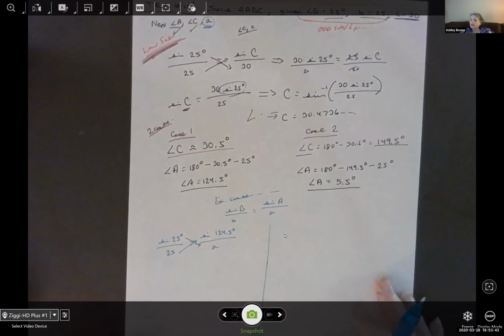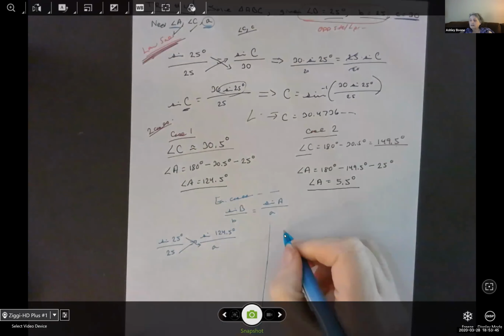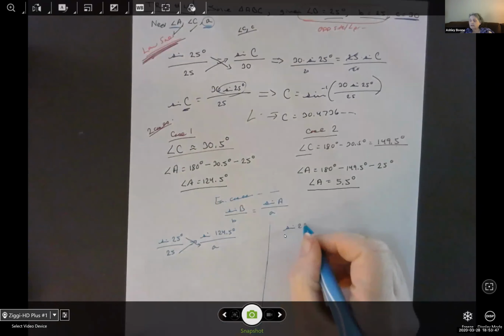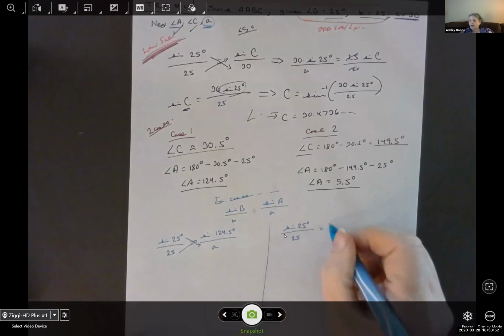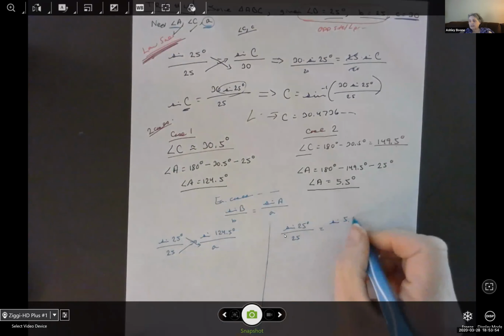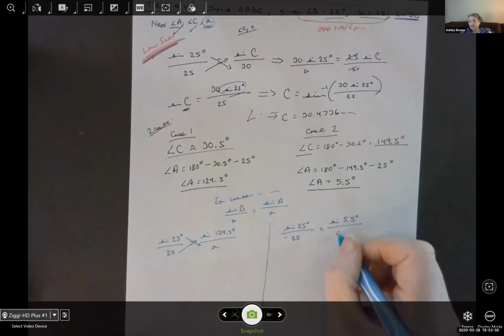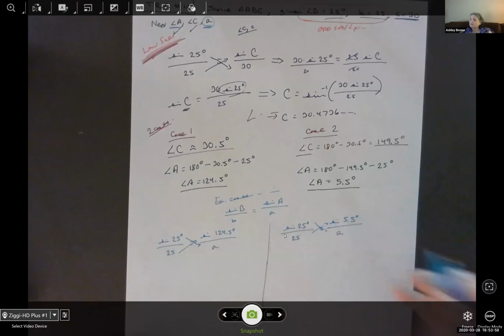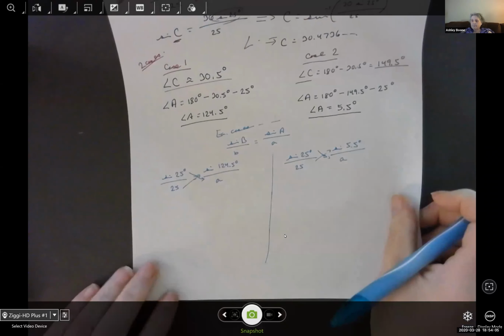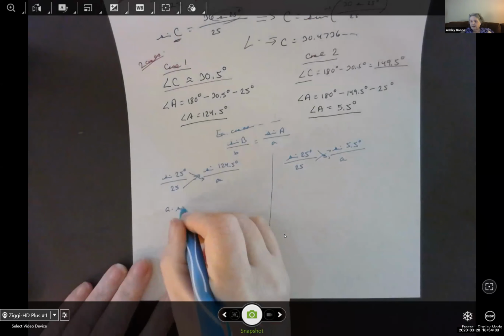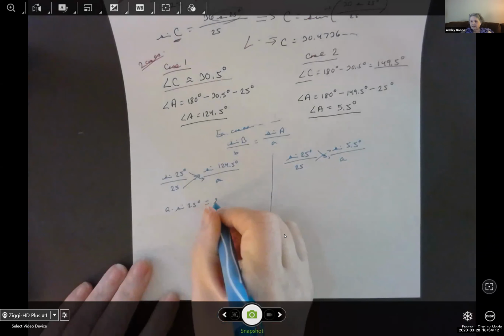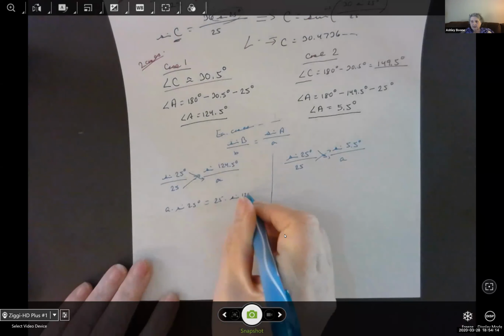I do the same thing over here. I'll use my B's. The sine of 25 degrees is to side B, 25, as the sine of angle A, which is 5.5 degrees, is to side A. And again, I'll cross multiply. So go through and solve each of those fractions. So I cross multiply. A times the sine of 25 degrees equals 25 times the sine of 124.5 degrees.